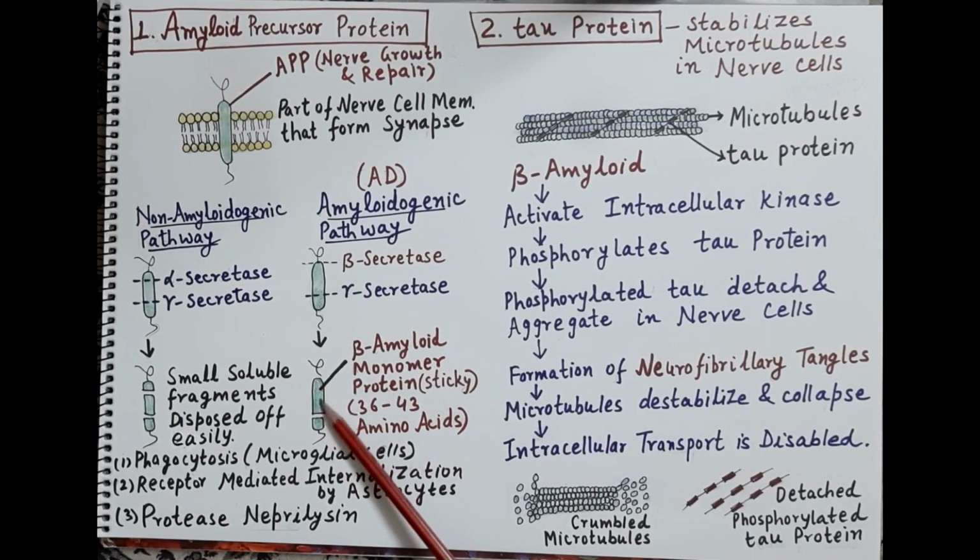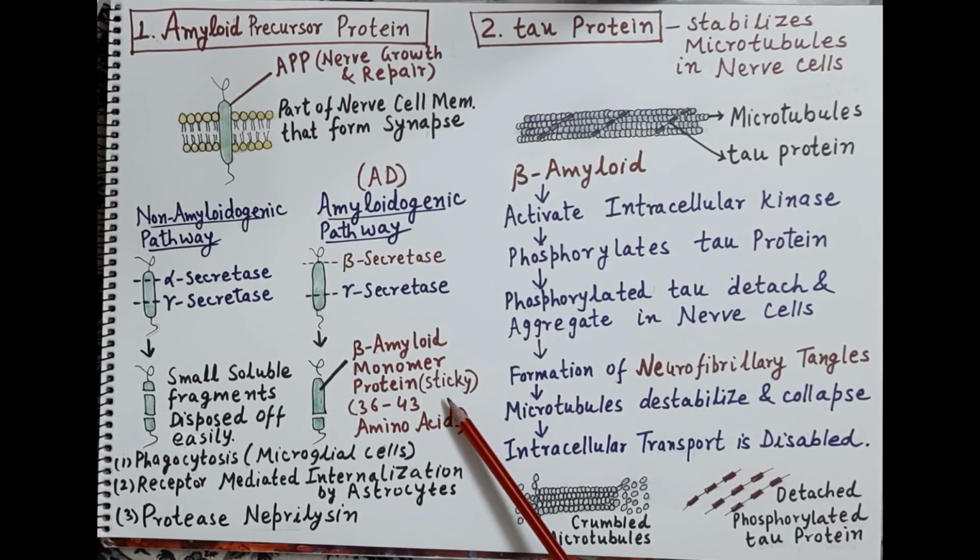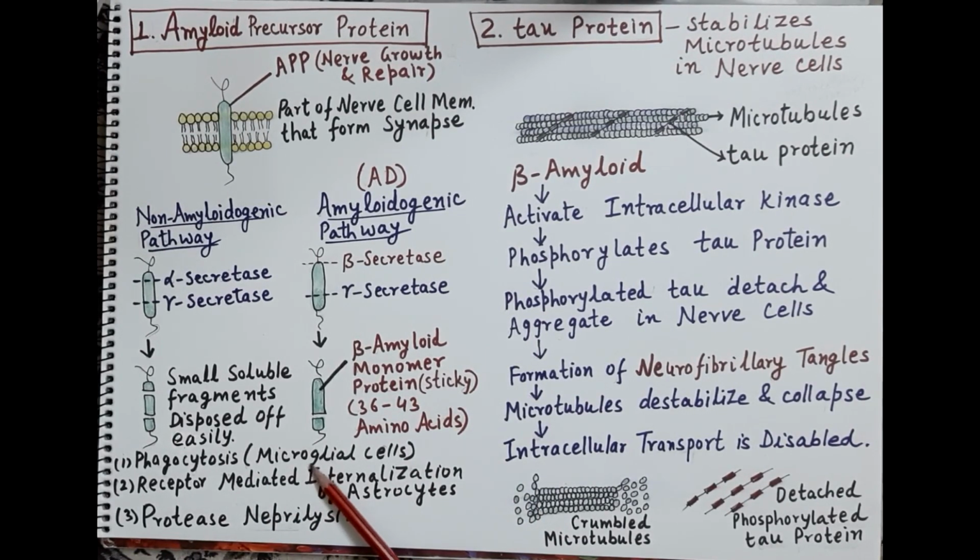So this fragment is larger in size, and this protein is also very sticky. Since it is sticky, it forms oligomers and aggregates if it is not removed from the body. Now this beta amyloid protein is removed by phagocytosis induced by the microglial cells.